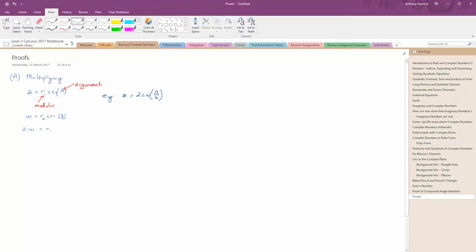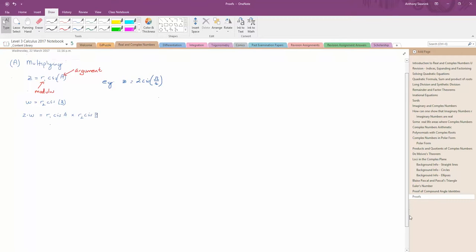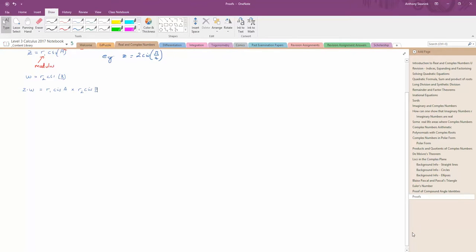I think it stands to reason that we would have r1 cis A times r2 cis B. A reminder that this cis is simply shorthand for what I'm about to write as follows. I'm just going to move this up a little bit, making it easier to write on my tablet.